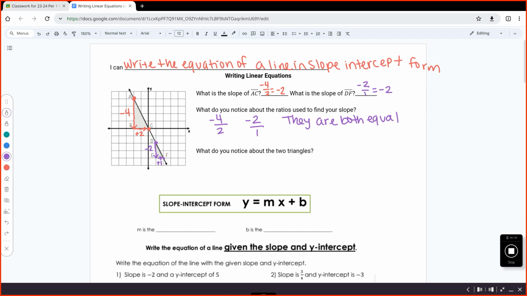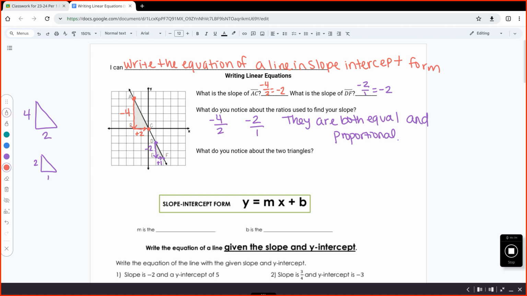The next question says, what do you notice about the two triangles? All right, well, let me redraw these here. This has a length of 4 and a width of 2. This has a length of 2 and a width of 1. What do you notice about these triangles?